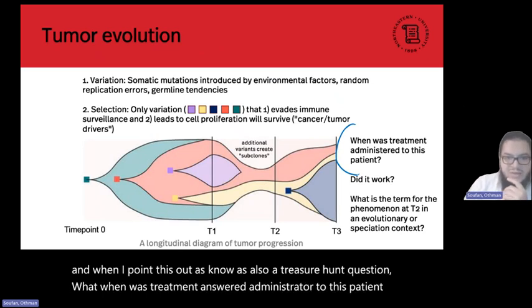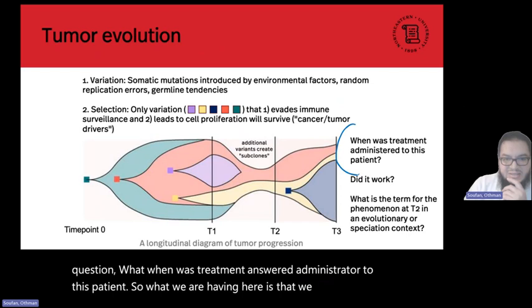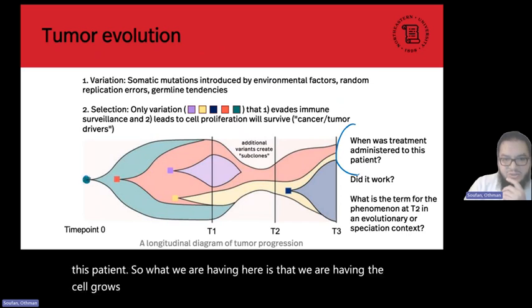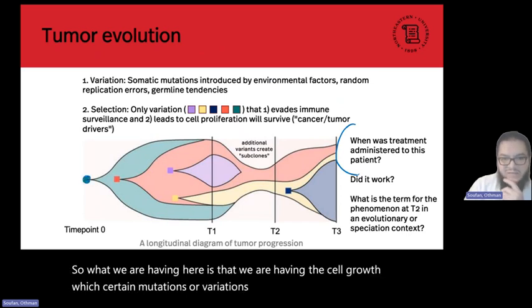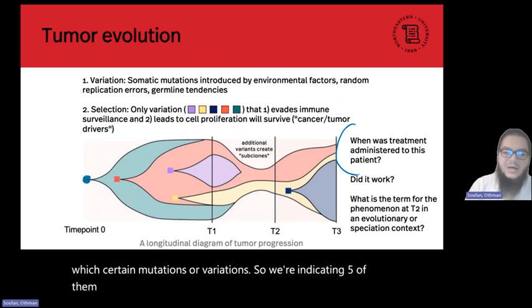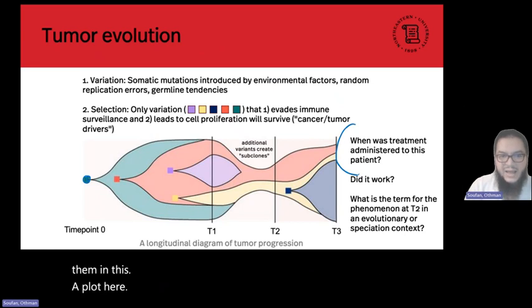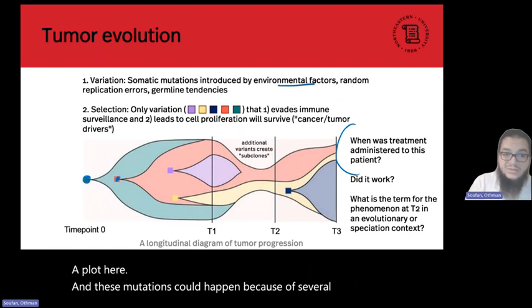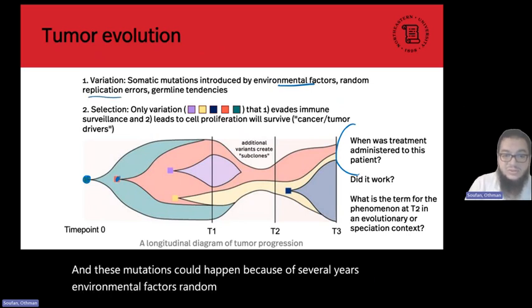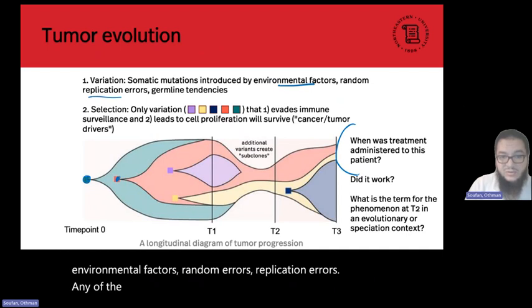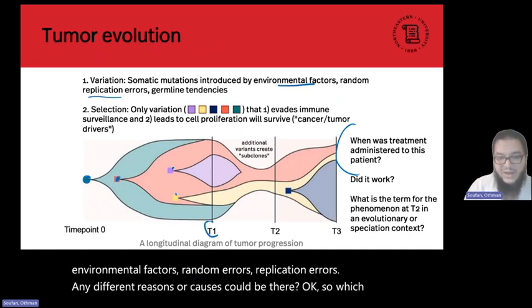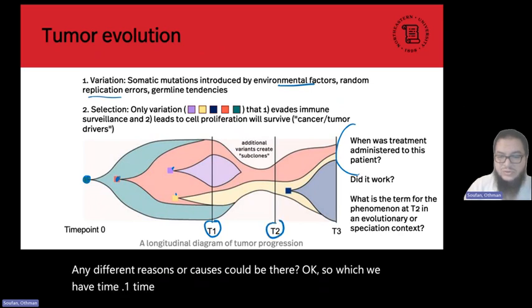So what we are having here is the cell growth with certain mutations or variations. We're indicating 5 of them in this plot here. And these mutations could happen because of several reasons: environmental factors, random errors, replication errors, any different reasons or causes. Okay, we have time point T1, time point T2, and time point T3.